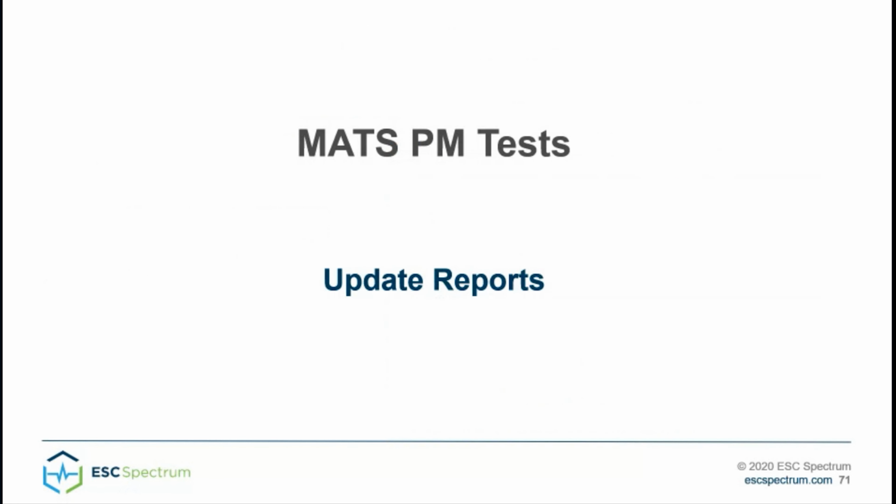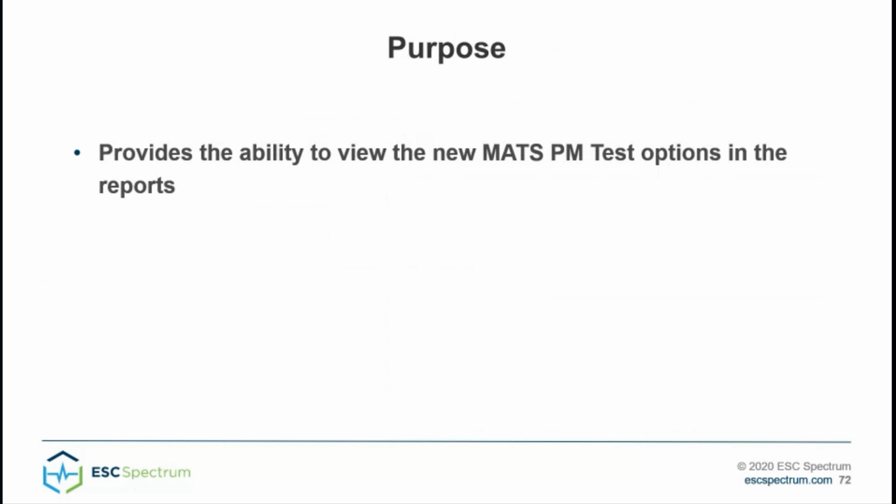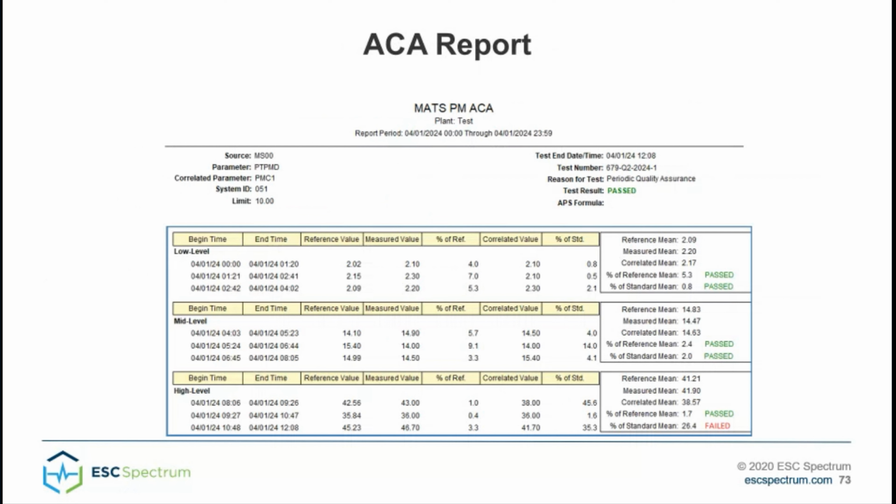We updated the PM test reports to include new test options that were required for the ECMPS 2.0 reporting. I'm not going to go through all of these in detail, but here's an example of what the new ACA report looks like.